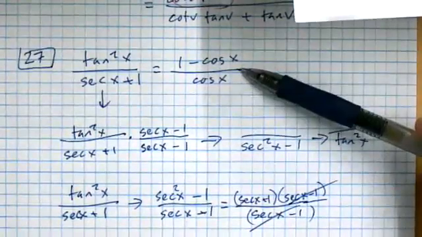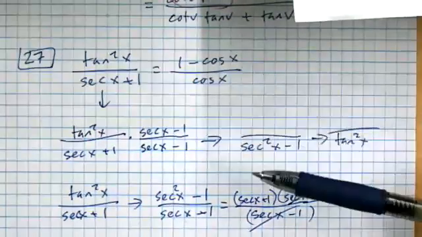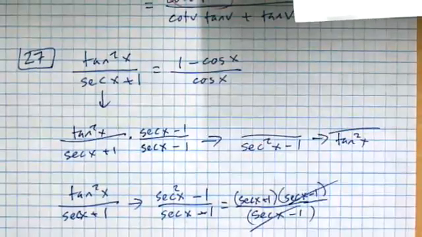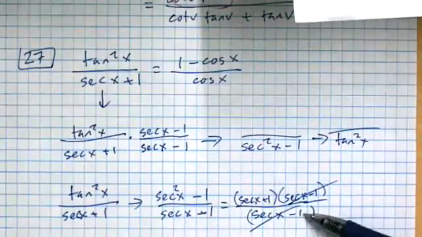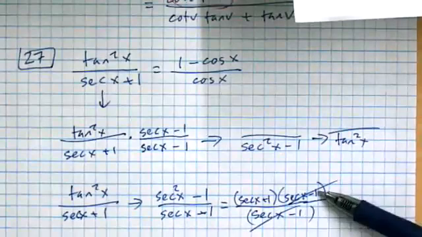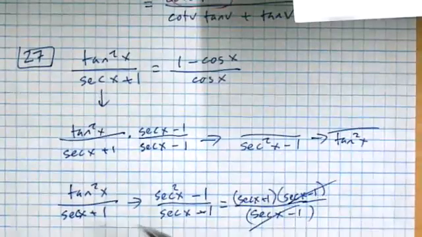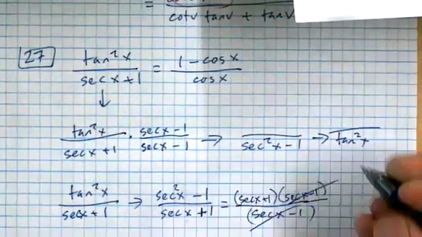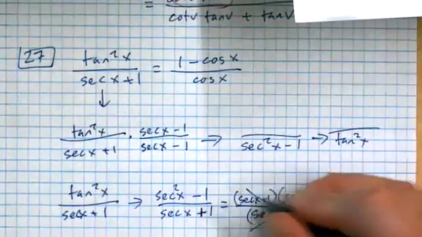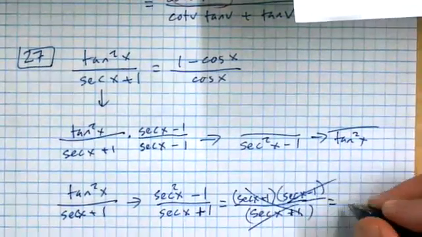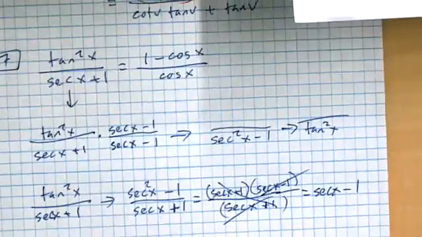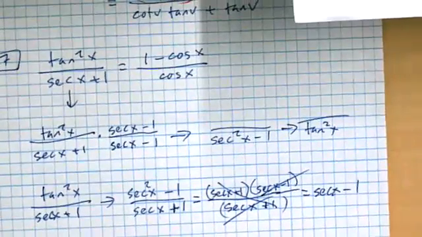I would probably let me double check here. Oh, it was a plus 1. Oh, I copied it wrong. Yep, copy error. Sorry, that cancels. So sorry. So we end up with secant x minus 1 after all that, right? Does that look better? Thank you for catching that.